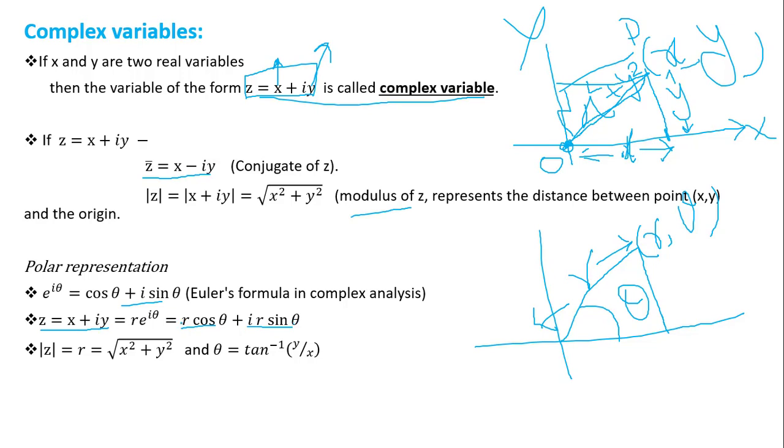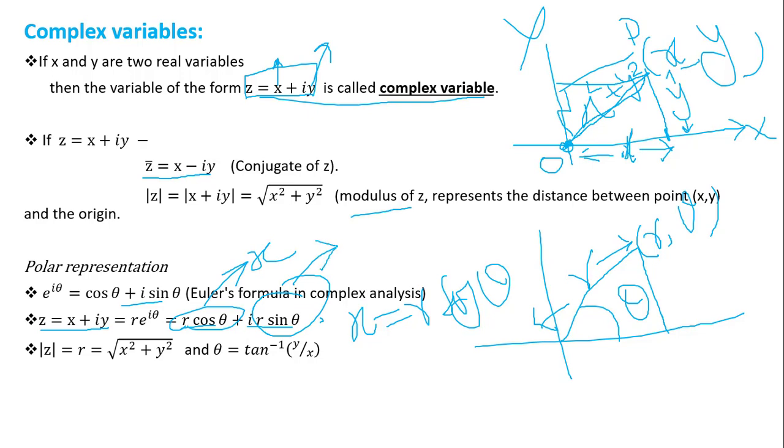After comparing these two, x equal to r cos theta, and y equal to r sin theta. And mod of z equal to r, which is under root of x square plus y square. And theta is equal to tan inverse of y by x. How to calculate this?